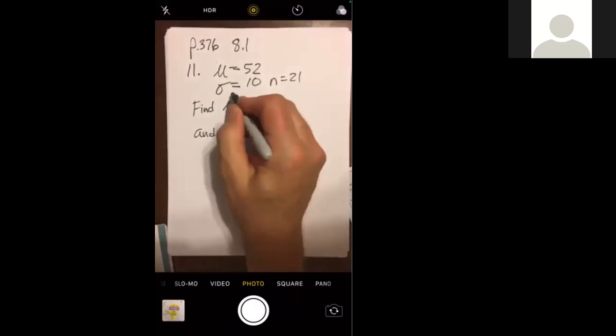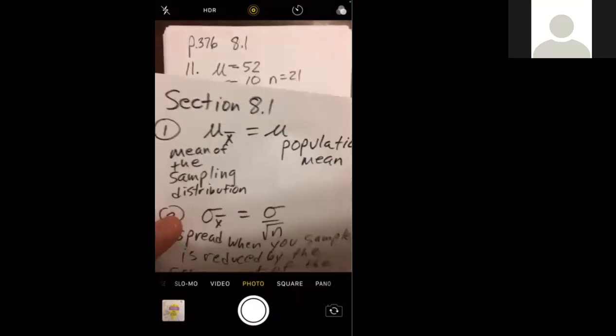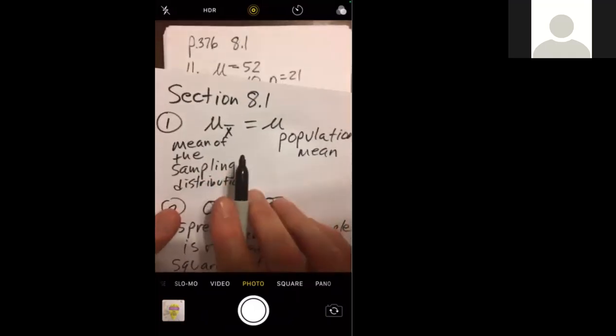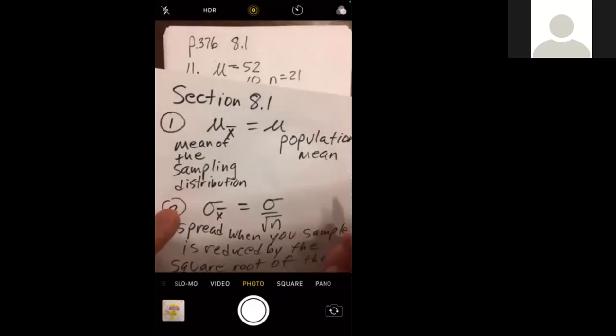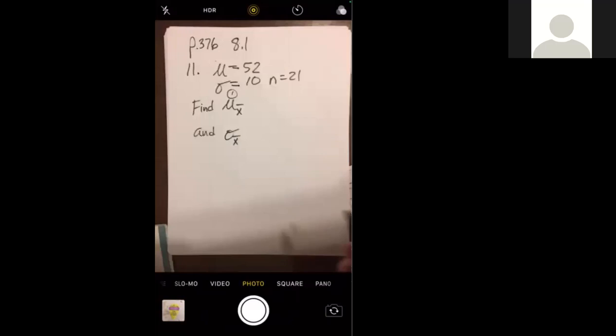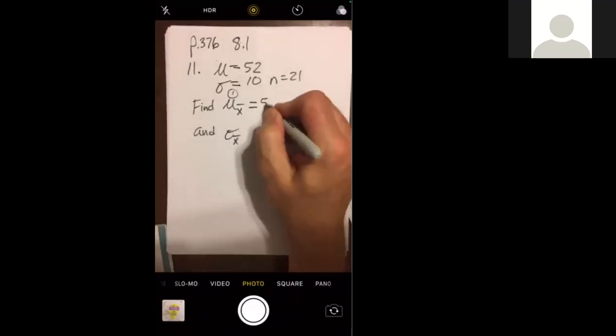And so this directly uses Formula 1. You actually are using a formula. It's just that there's nothing to do and they've given you the number, in effect, giving you the answer pretty much. And so following that formula, this is just 52.